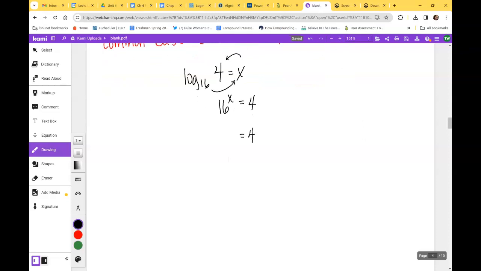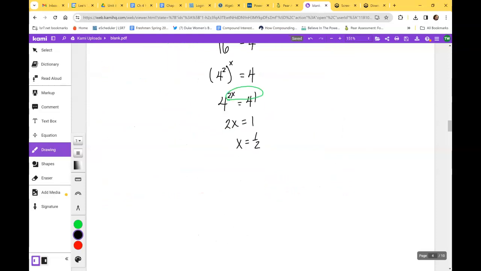So if my base is 4, to rewrite 16 as a base of 4 would be 4 to the second. That means I have 4 to the 2x equals 4 to the 1. Now that I've got common bases, I can set my exponents equal to each other. So 2x equals 1, divide both sides by 2, and x is 1/2. Okay, so that's the common base.